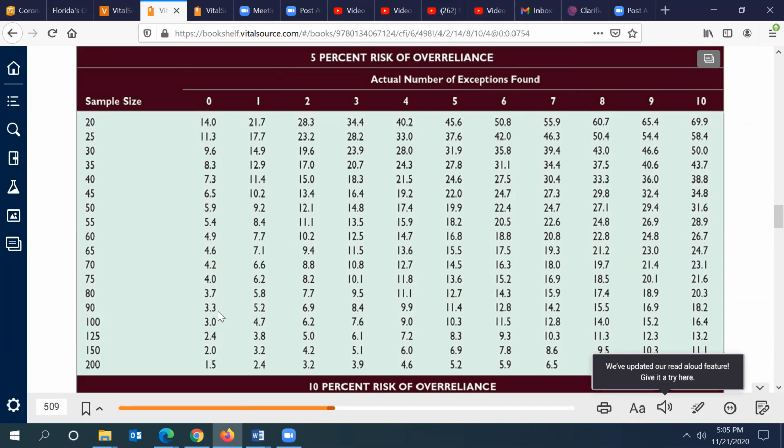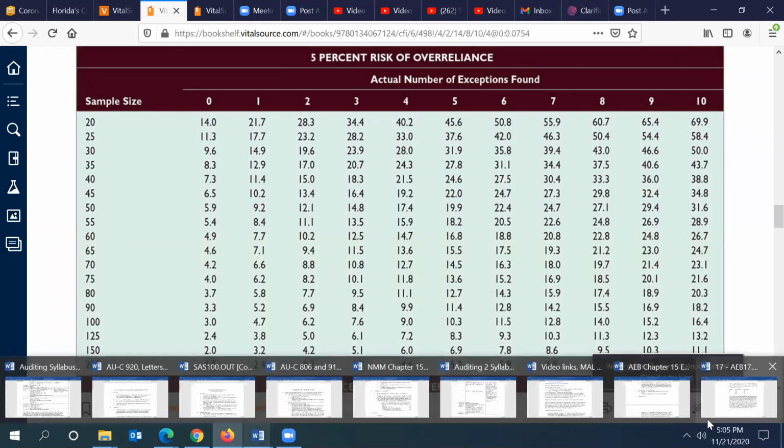We have precision limit of 3.3. 1 error, a precision limit of 5.9. 2 errors, precision limit of 6.9. It keeps going up. We think there's a greater percentage of error in the population with every additional error we find. Makes sense. Then if there are 3 errors, it goes up to 8.4%. Let me bring those numbers back here to the handout.